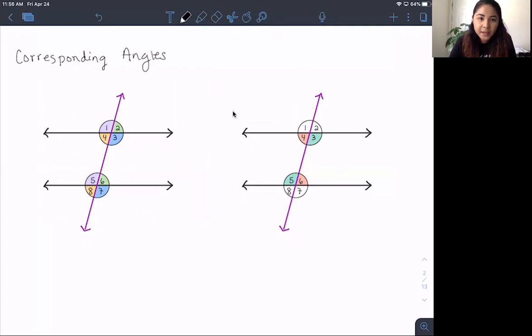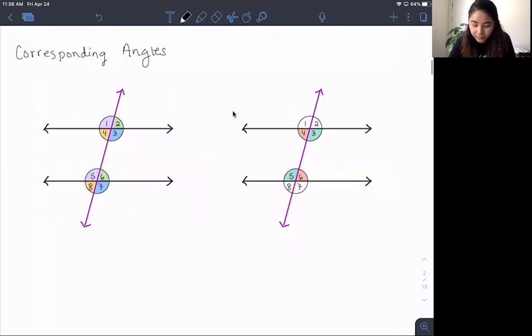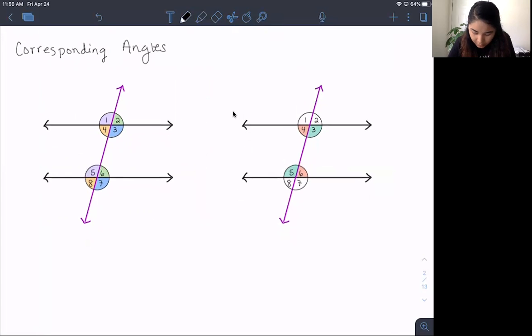And corresponding angles are equal, congruent, equal to each other. So for example, angle 3 is equal to angle 7. And all the ones that are color coded the same, they're equal to each other, right, in this situation.